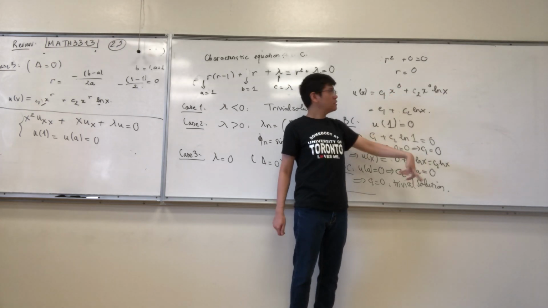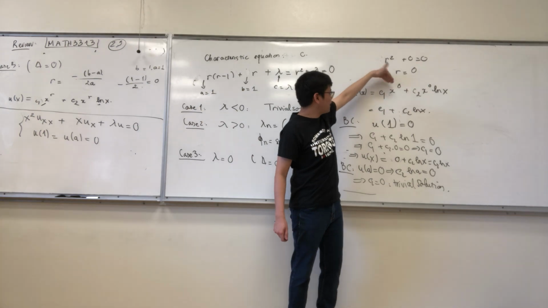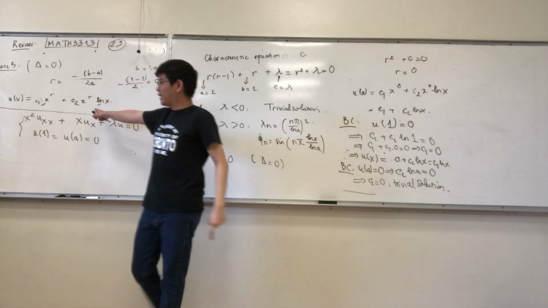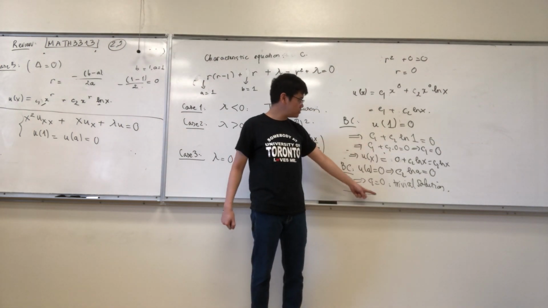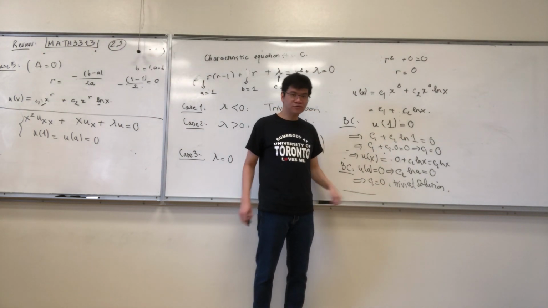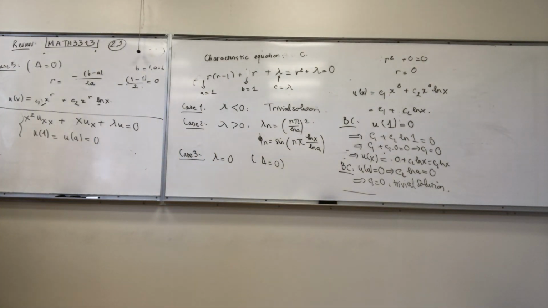So r is 0. The solution has to have the form c1 x to the r plus c2 x to the r log x. But r here is 0, so you have c1 plus c2 log x. You plug the boundary conditions inside, you find c1 and c2 are both 0. So this is a trivial solution. This is how you solve this equation. Any questions? It's clear?